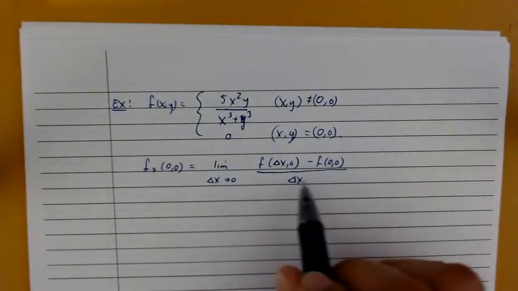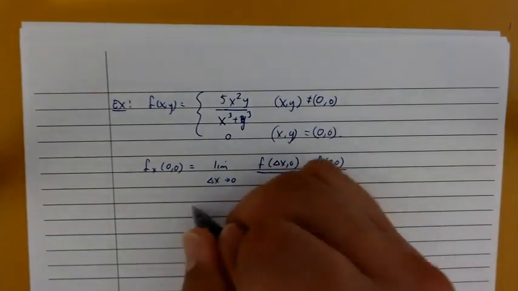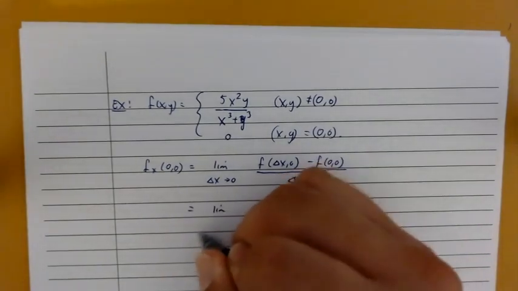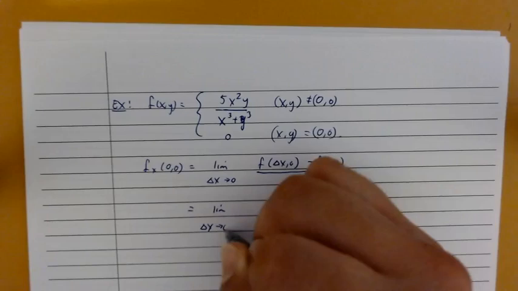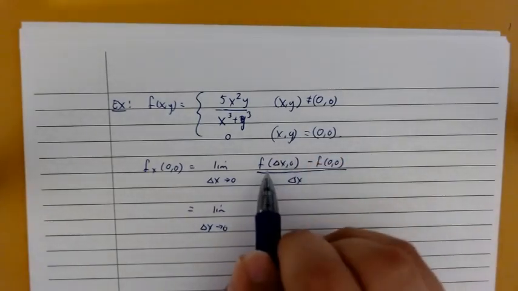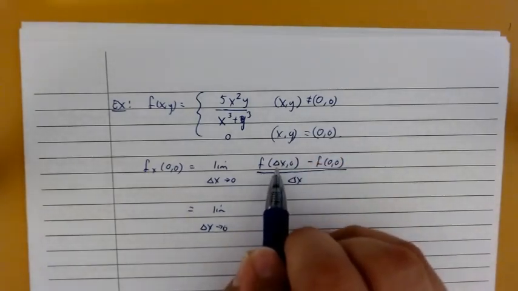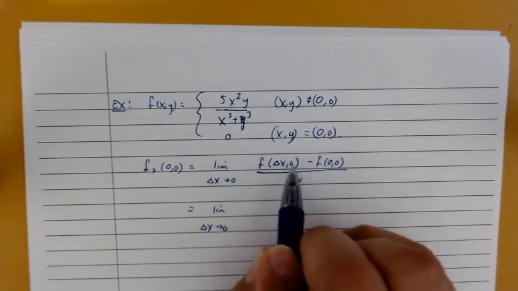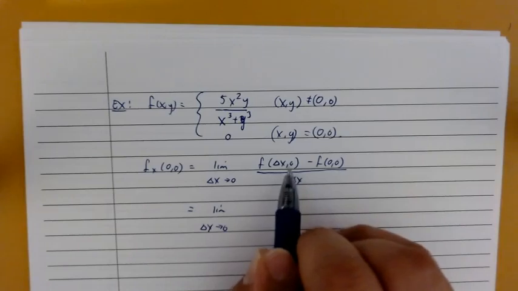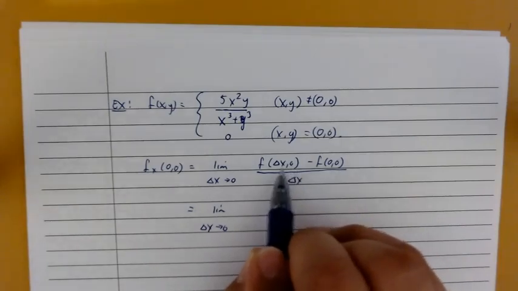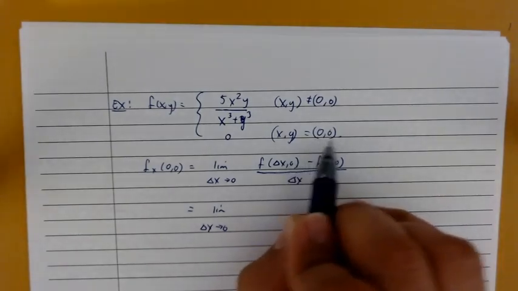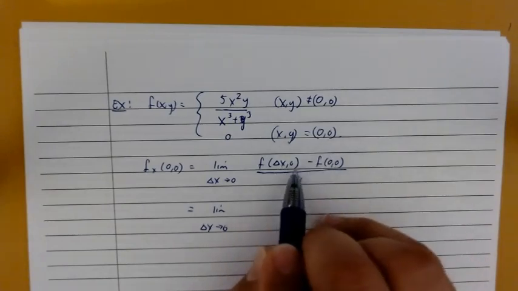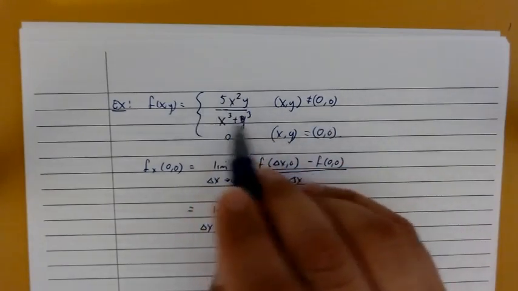All right, so let's see what this is. It's going to be the limit as delta x approaches 0 of, well, let's see, I'm taking my f, I'm going to plug in delta x for my x value, and I'm going to plug in 0 for my y value. Okay, well, here, the point that I'm plugging in is not (0, 0). It's something, 0. Okay, so let me go ahead and use this top one.